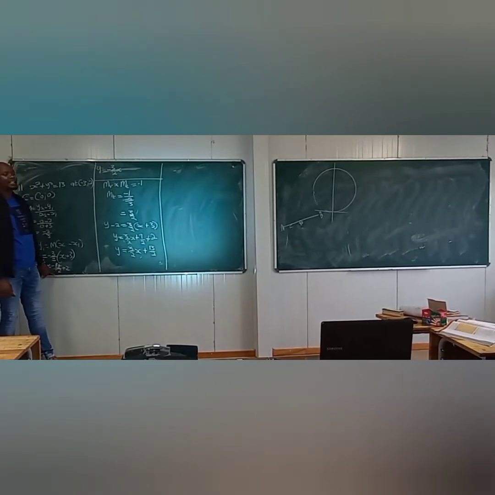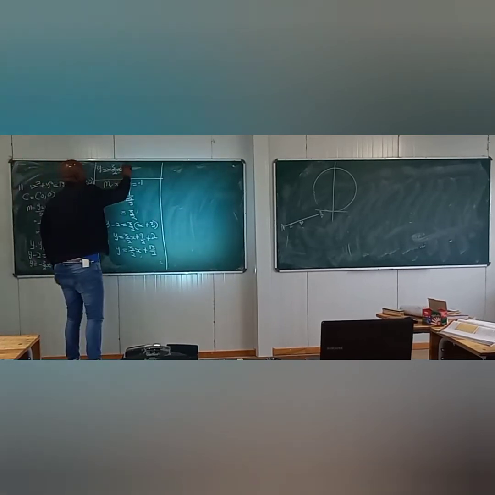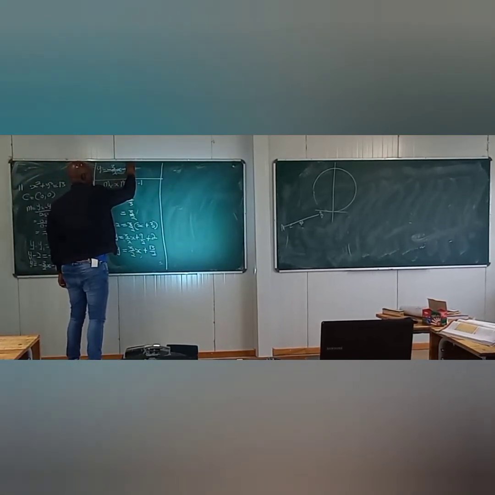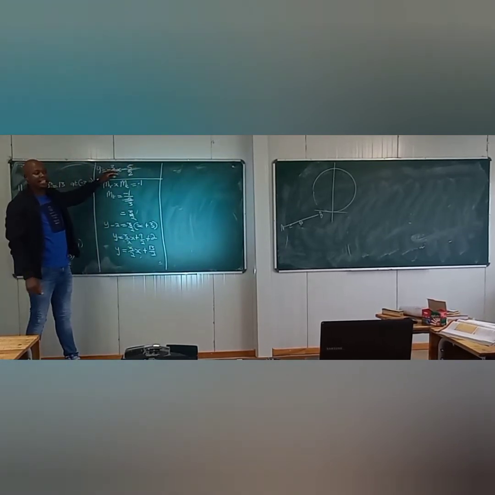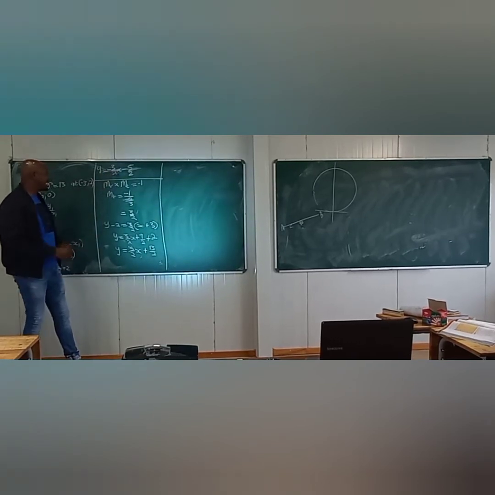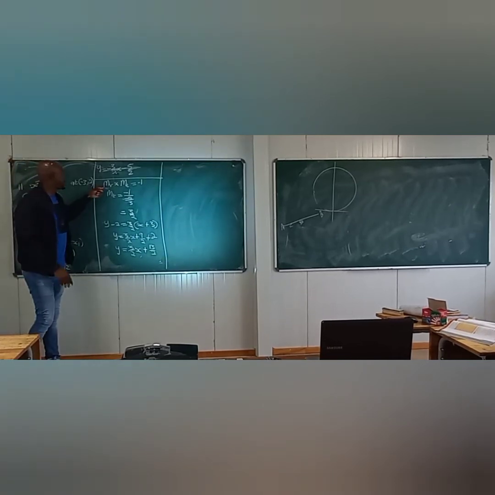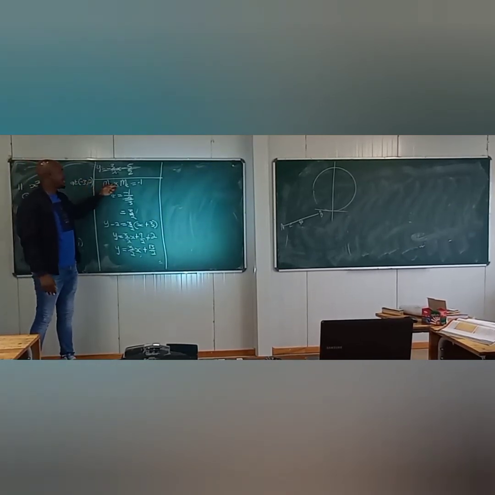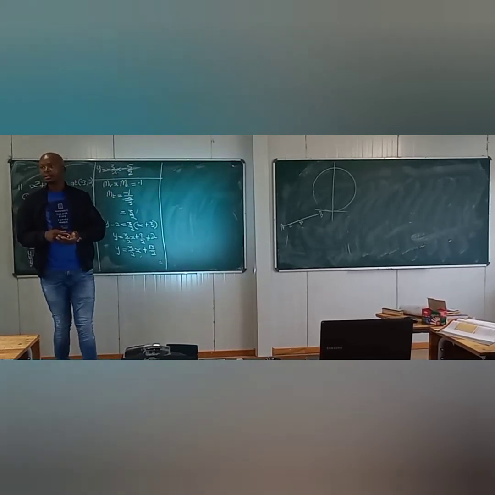So let's add minus 9 over 2 plus 2, which is negative 5 over 2. Now for the tangent: m radius times m tangent equals -1 because the two are perpendicular.